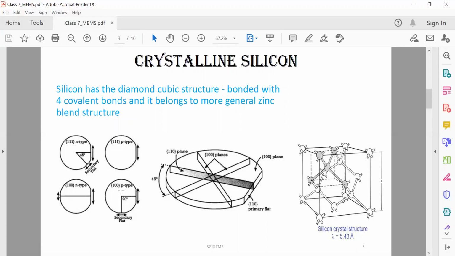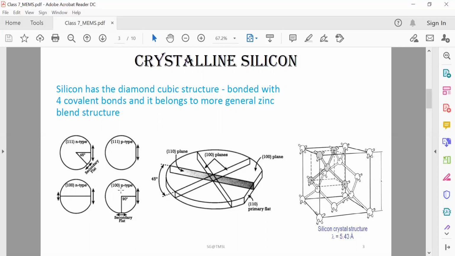It is very easy, because whatever devices you make, either in a VLSI chip or MEMS, at the end you have to separate the chip, you have to break the chip. So a 100 wafer can be broken in a regular fashion, and you can have small pieces of die.